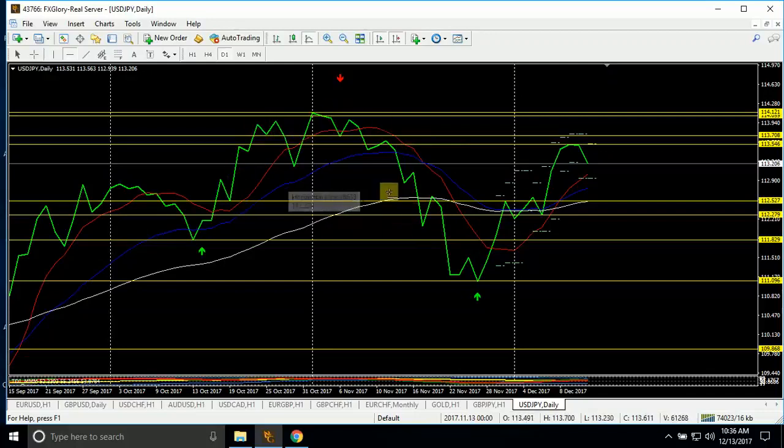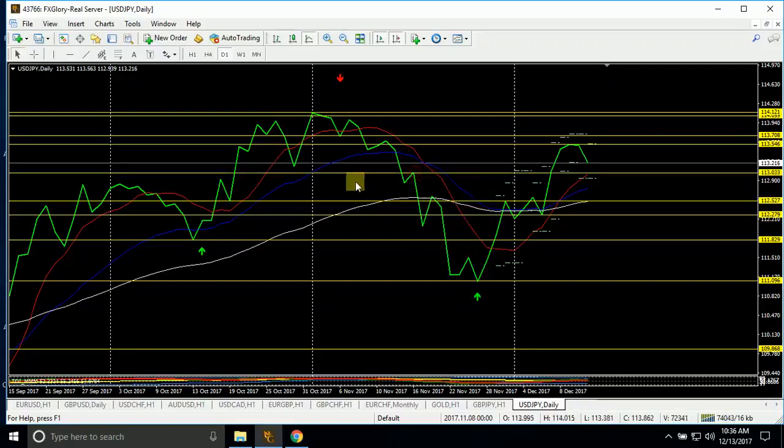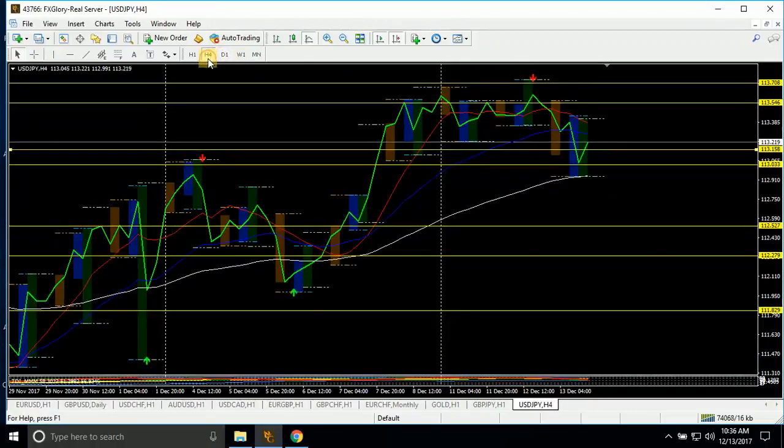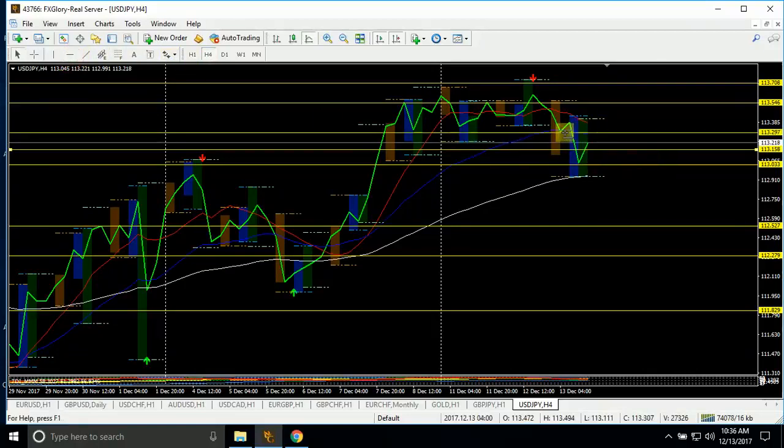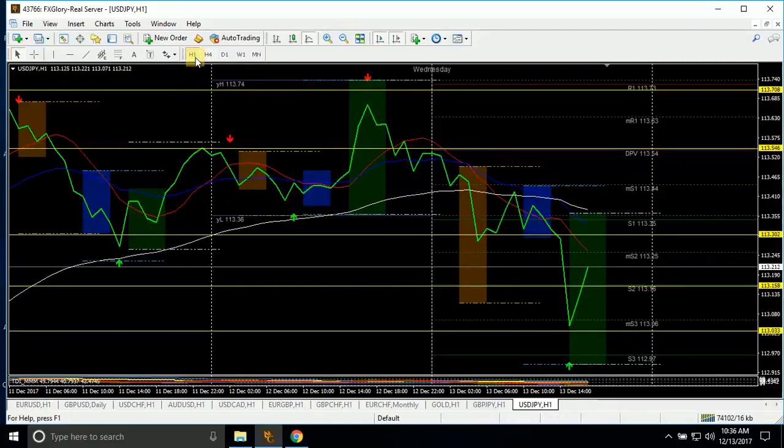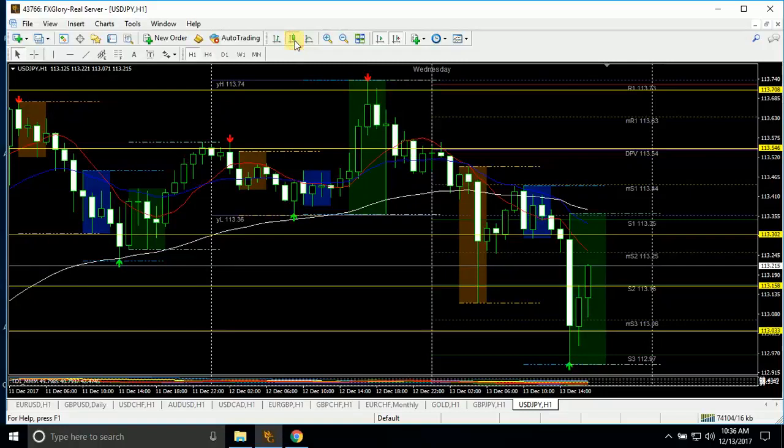We're going to focus on the ones that are right in here. Should be here and here. Now we're going to look at our 4 hour. And we can hit this one. Yeah, it's really the most relevant one at this point. And we'll go to our candles.